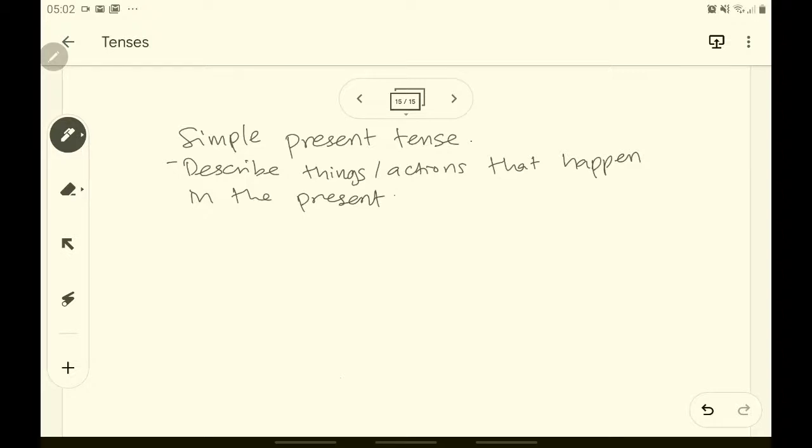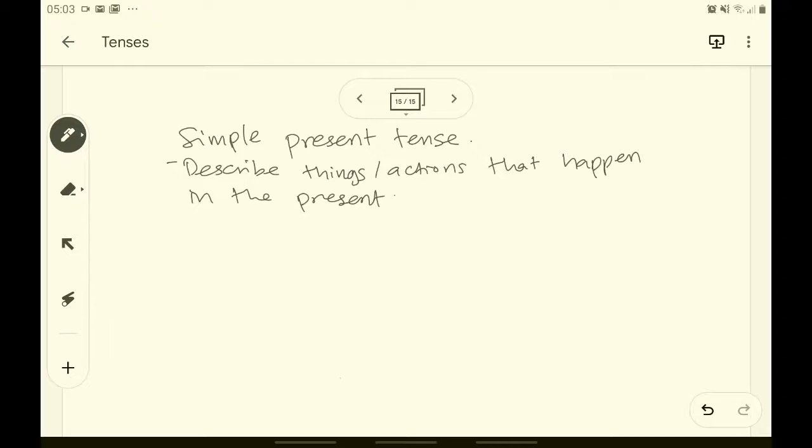Usually when we talk about present, just as we saw just now, we have the present box, right? So present could be a duration, for example this week. So this week would be our present. You are still living in that particular week, and for the whole week you keep on eating rice, then you can say that you eat rice.